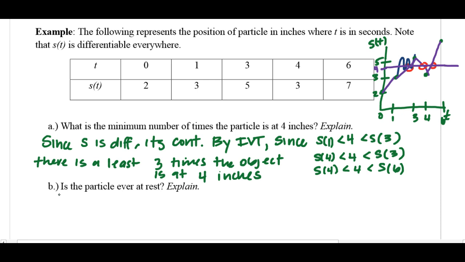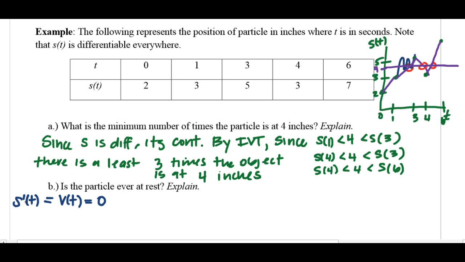So now, part B. Is the particle ever at rest? Explain. So a particle is at rest, or an object is at rest, when velocity equals 0. Well, velocity is s prime of t, and I want to make that connection because I'm only given information about s of t. So now this is going to be my application of Rolle's theorem.